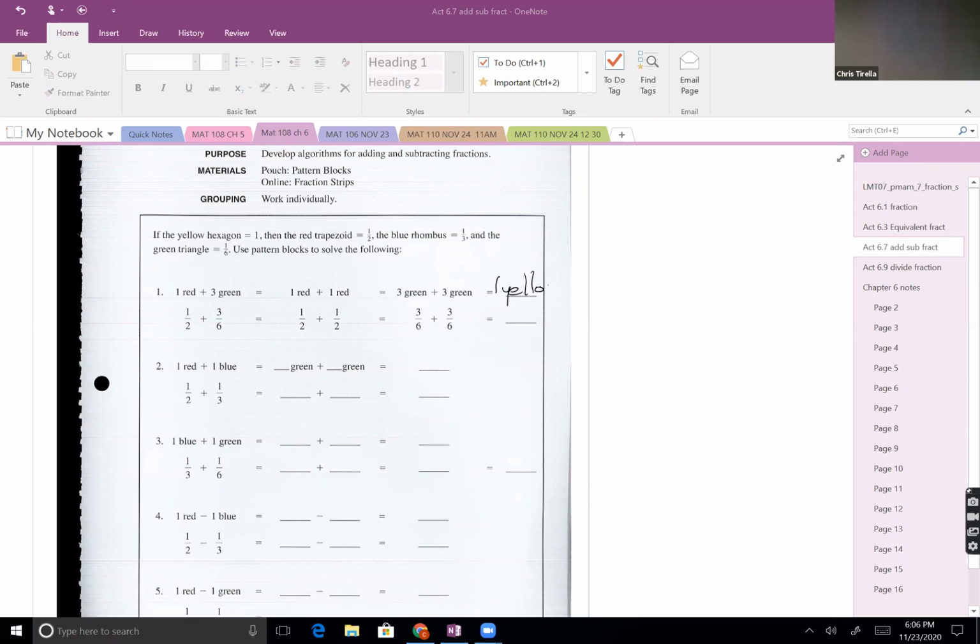So in that same way, if you would take out your pattern blocks and look at the next sum, which is 1 red plus 1 blue.